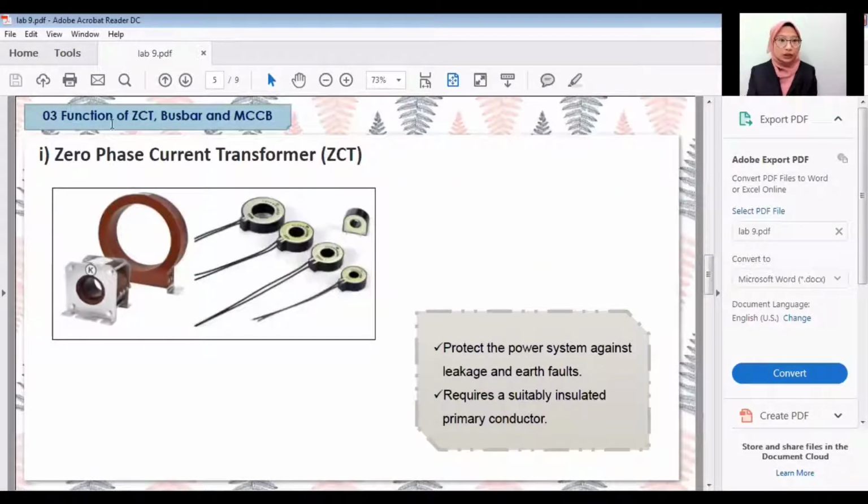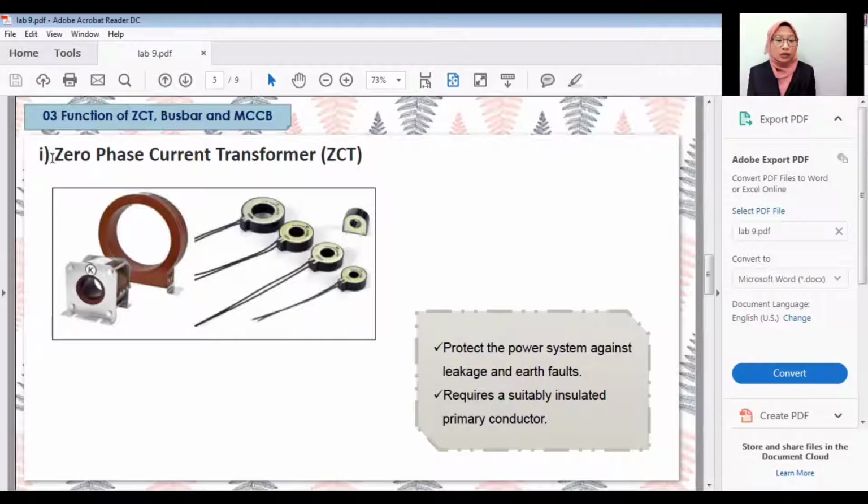Okay, so next we will continue to the question number 3. Function of zero current transformer, bus bar and molded case circuit breaker. So first we have zero current transformer.